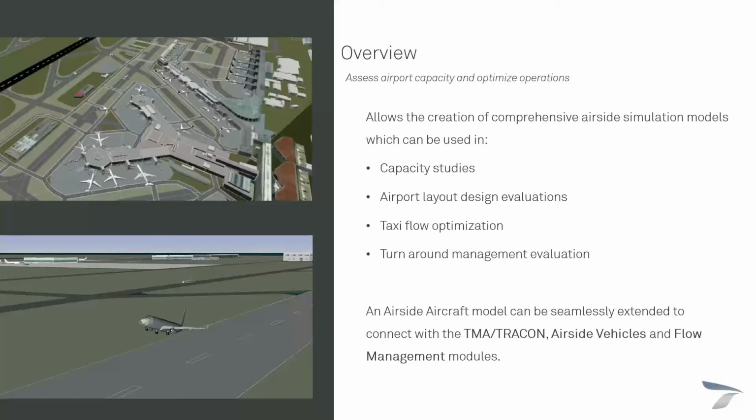This module can also be very useful if you want to evaluate different airport layout designs. So not necessarily if you're building a new airport, but just if you're building a new terminal that gives you different possibilities, and you want to evaluate every one of them and see what impact a terminal layout design has on, for example, ground delays.